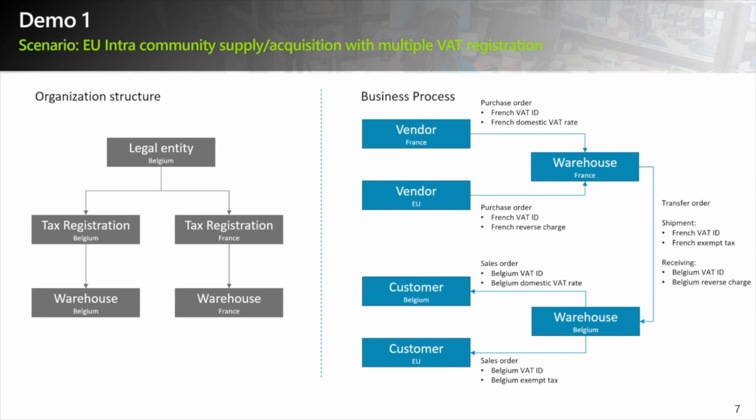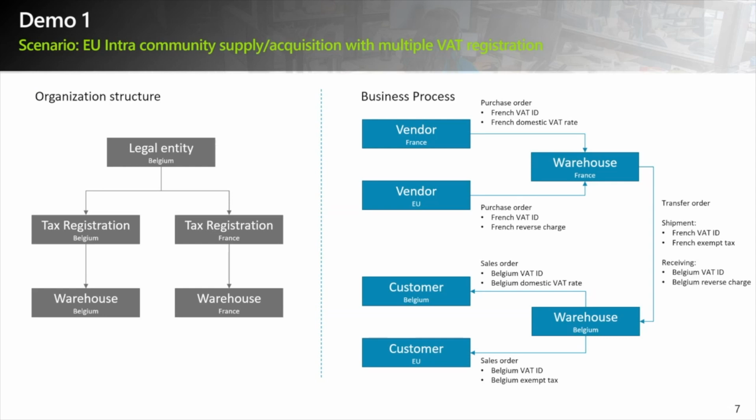Yeah, thank you, Suzhen. So prior to switching to the demo that we recorded in advance, let's look at the details of the scenario of inter-community supply and acquisition with multiple tax registrations. We have one legal entity located in Belgium, and this legal entity has VAT registrations in Belgium and in France, and it also holds warehouses in both these locations.